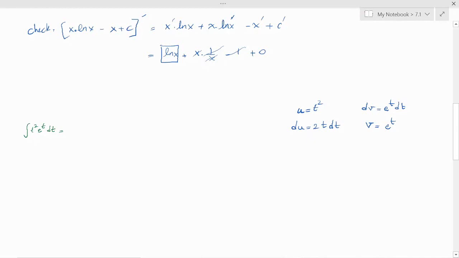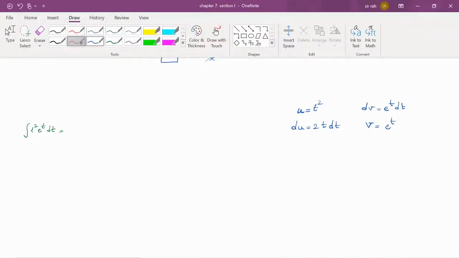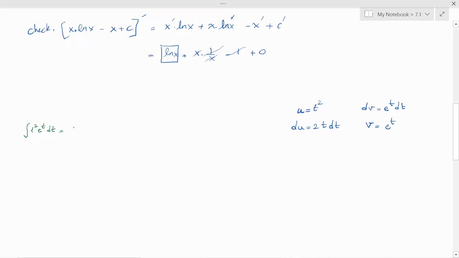So now I have u and dv. So here you can say u times v would be t squared times e to the power t minus the integral of v times du. So v is e to the t, du is 2t dt.